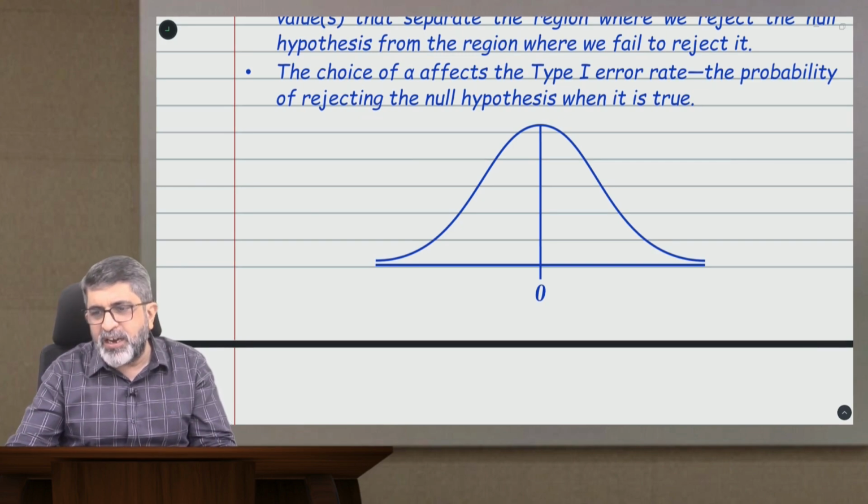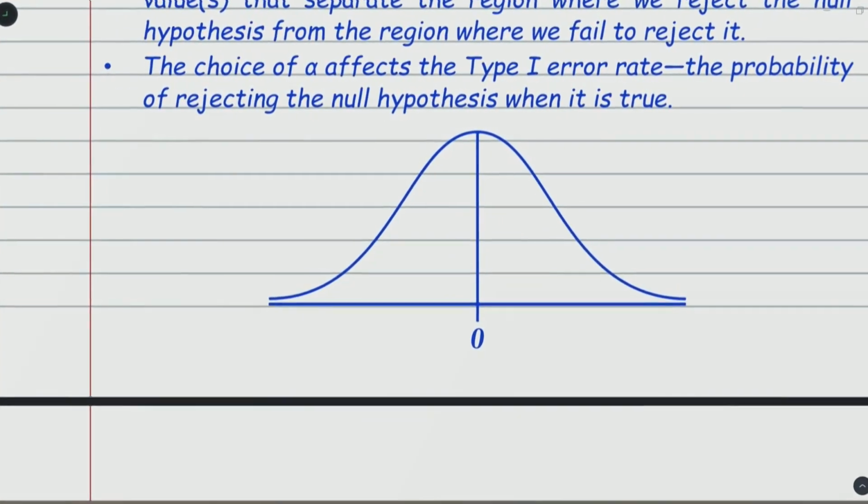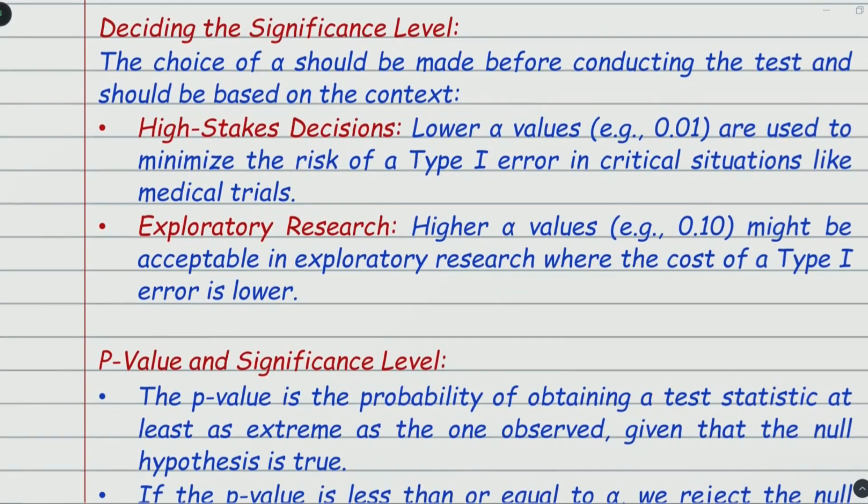So let us identify the content ahead. Deciding the significance level. It is very important that you should be very particular about deciding the significance level. You should not go wrong over here.